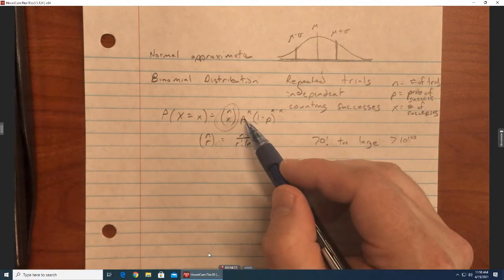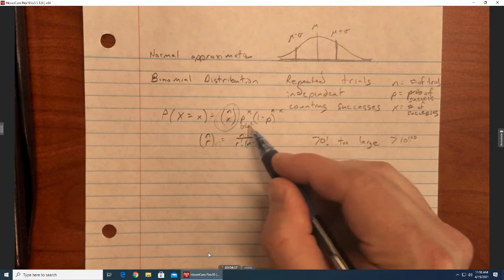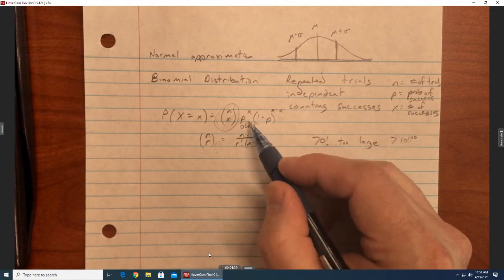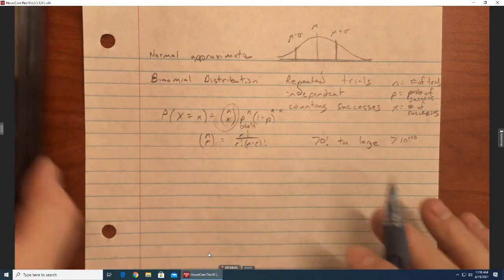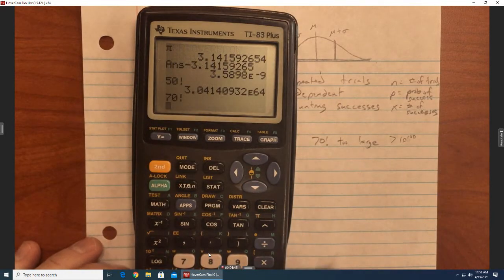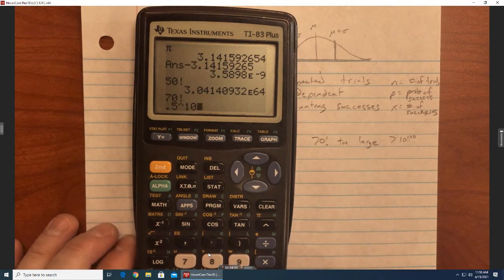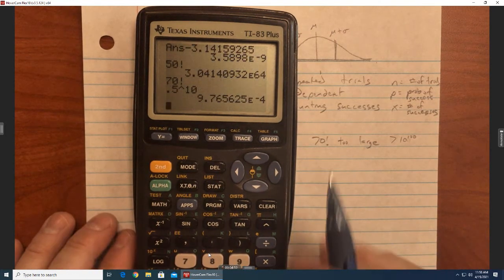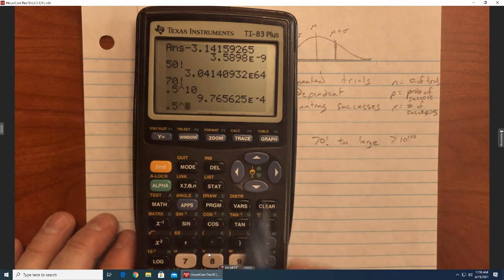Not only that, when you take some probability, remember probabilities are always between 0 and 1, and you raise some number between 0 and 1 to a very large power, let's just try something like 0.5 to the 10th. 10 is not that many trials, but you can see this starts to get pretty small. You start doing something like 0.5 to the 1,000th.